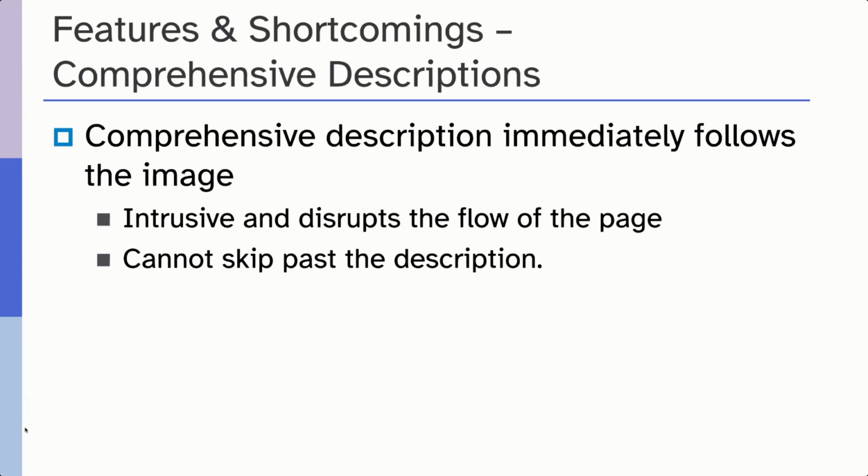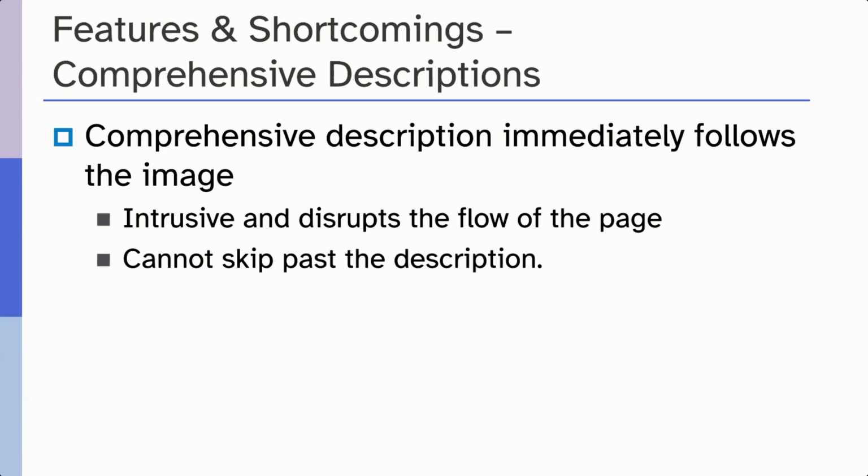So we're going to talk about the features and shortcomings of these various techniques. And so if you have a comprehensive description immediately following the image, say in a div, everybody's going to see it. It's going to be there all the time.